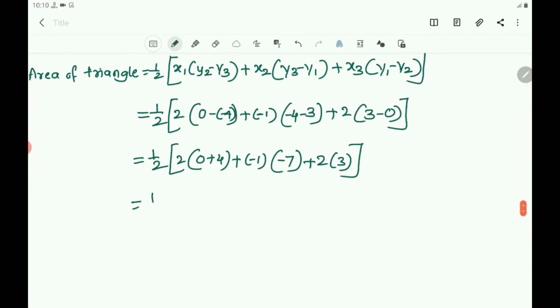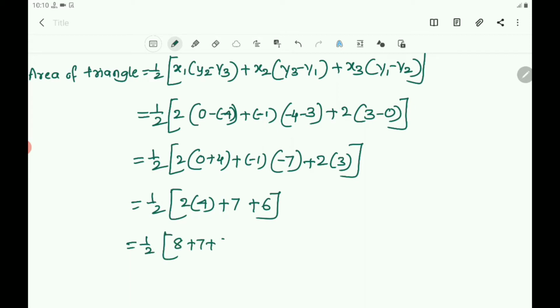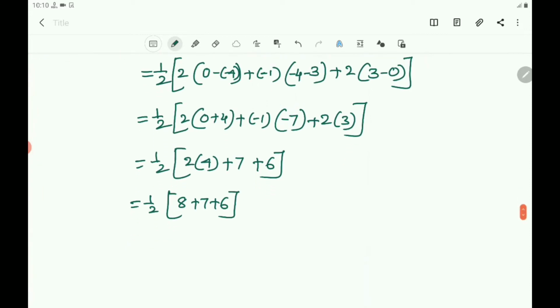Then you write half, and 2 into (0 plus 4) is 2 into 4 plus minus 1 into minus 7, that is plus 7, plus 6. So 1 by 2 into 2 4s are 8 plus 7 plus 6.